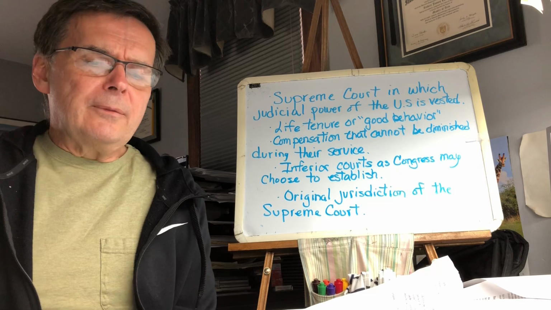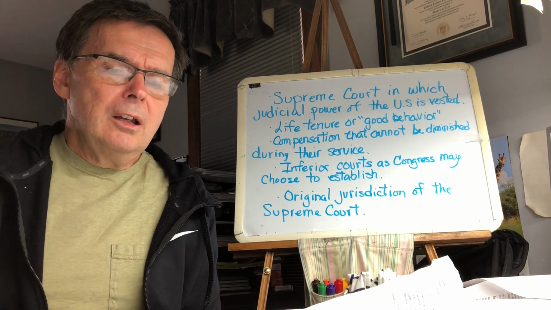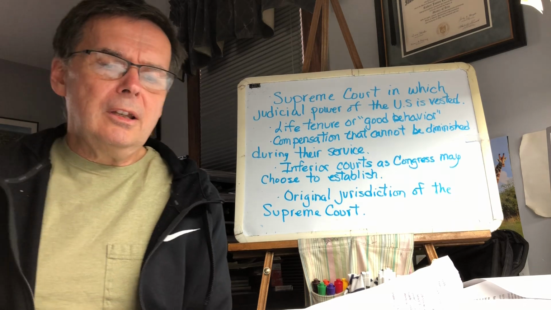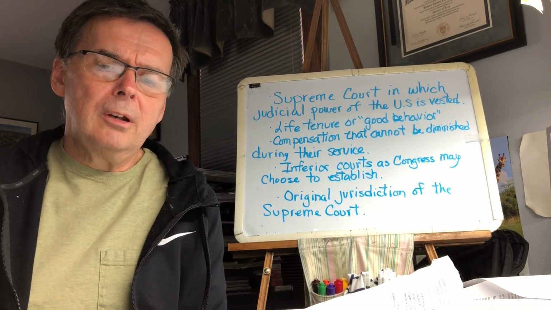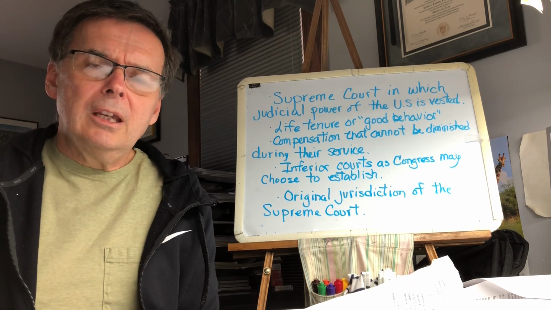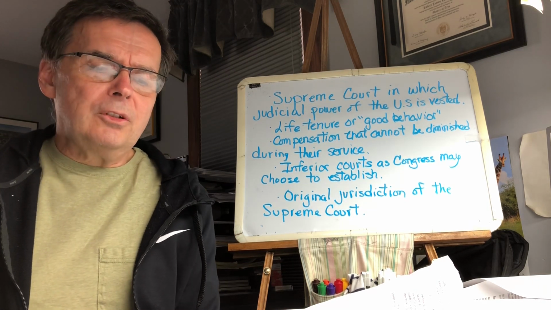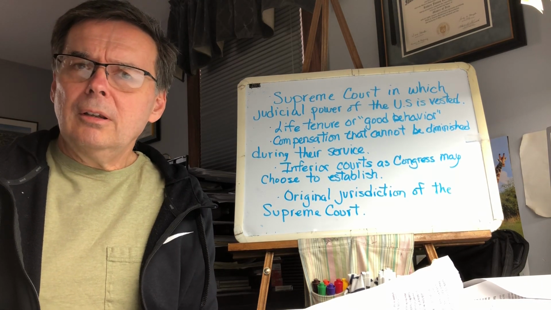The Judiciary Act of 1789 and the creation of the federal judicial system. Congress established inferior courts through the Judiciary Act of 1789. And this act established a federal judiciary in the same three-tiered structure that we know today.